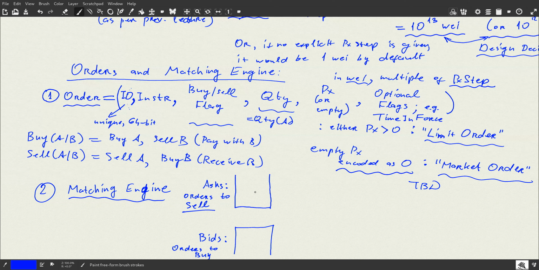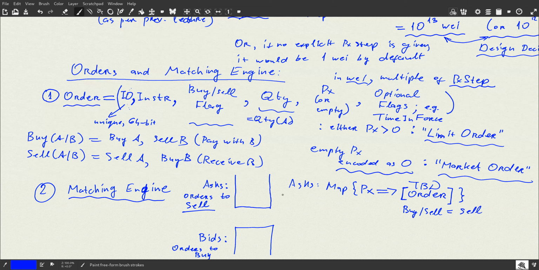In fact, each side is a map from price to a list of orders. By square brackets I denote a list, curly braces denote a map. Price to orders, where buy/sell in those orders is precisely sell.